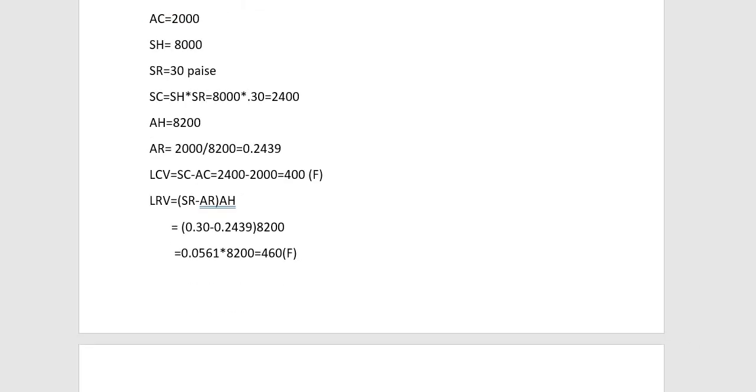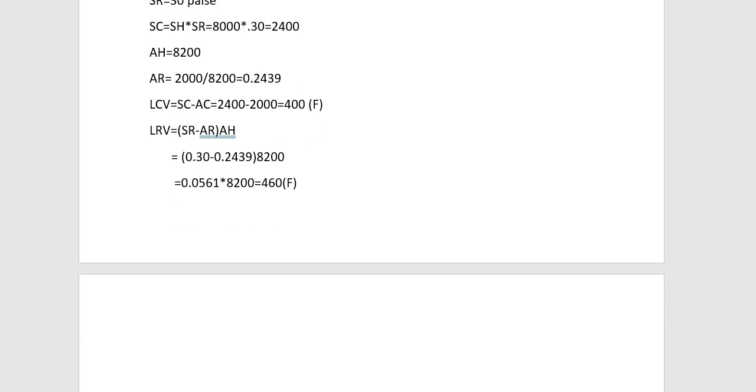The next one is labor efficiency variance. Labor efficiency variance is equal to standard hours minus actual hours, multiplied by standard rate.